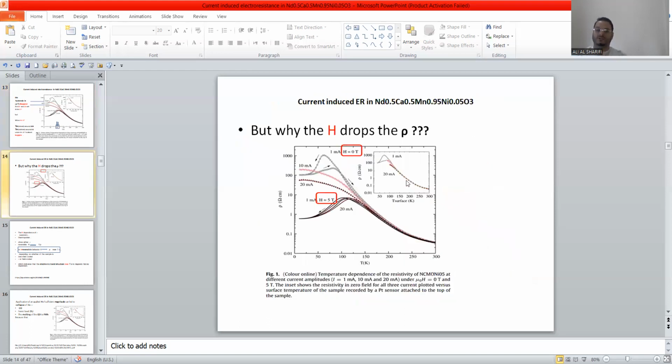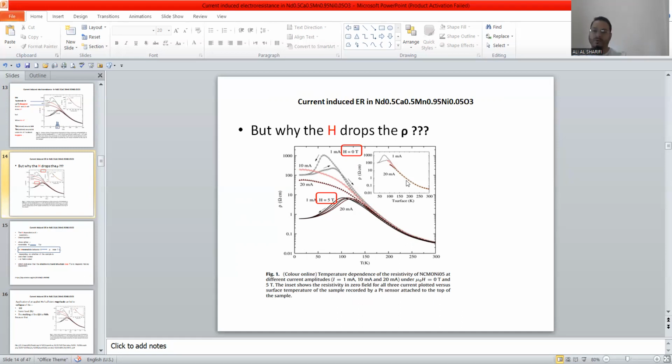But let's take a look, because we are researchers, why when we have a magnetic field, the resistivity drops. The resistivity starts to decrease. Like I said before, at 1 milliampere, it was more than at 10 milliampere and 20 milliampere.